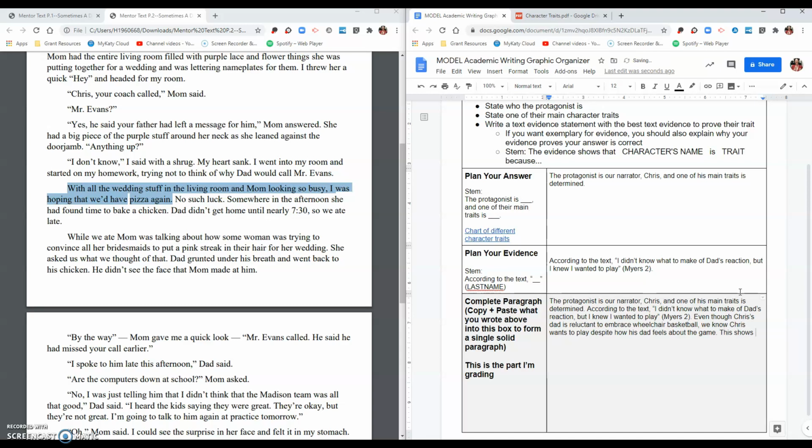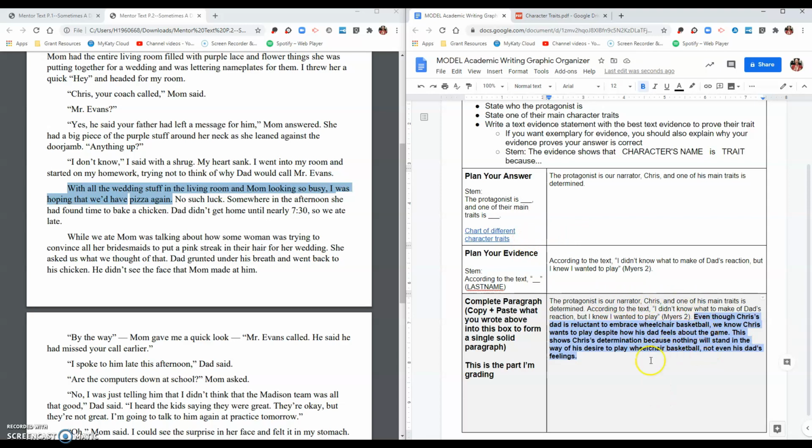This shows Chris's determination because nothing will stand in the way of his desire to play wheelchair basketball. Not even his dad's feelings. So now I'm going to bold this to show you that this is what you would add if you were looking for that exemplary score. You would be explaining how that text evidence supports your answer.